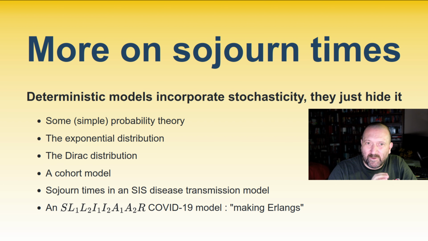I'm not saying deterministic models have stochasticity. They incorporate stochasticity in a way that I'm going to explain now. But you do retain the complete predictability with a deterministic model. Something in there is stochastic, and that's what I'm going to discuss here.